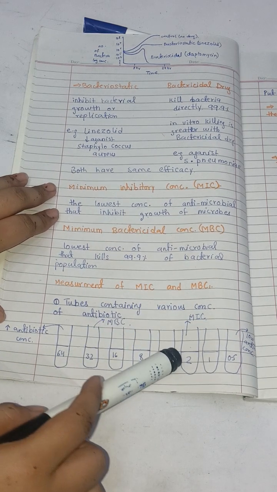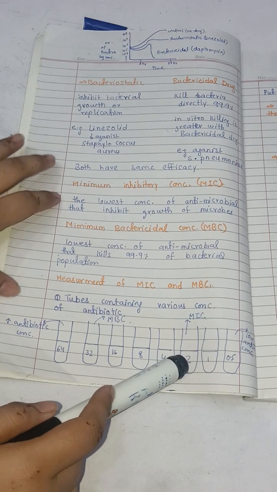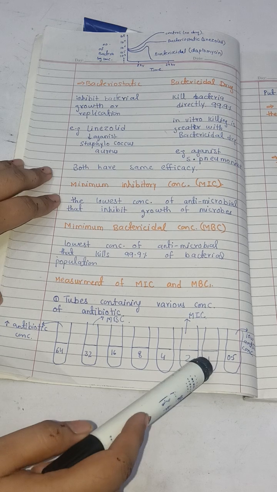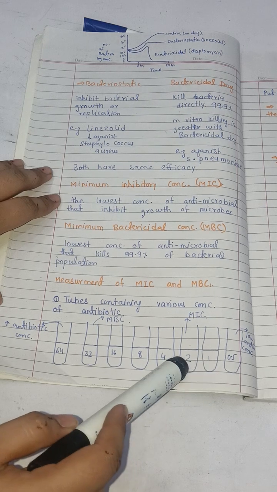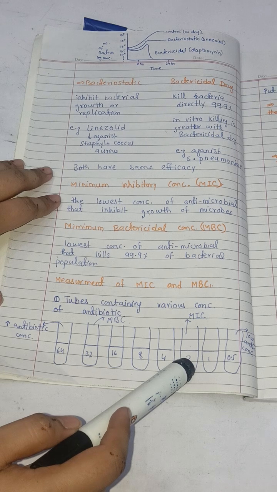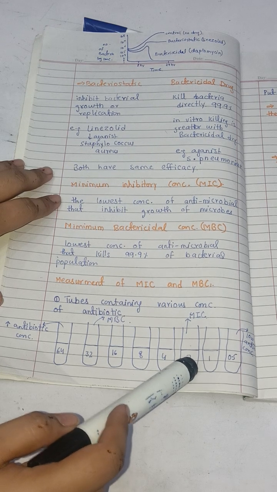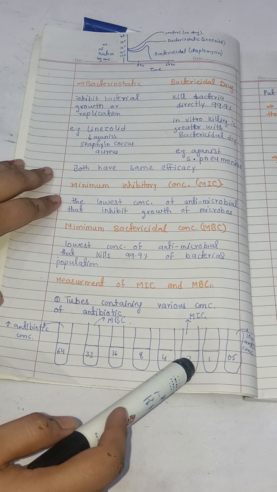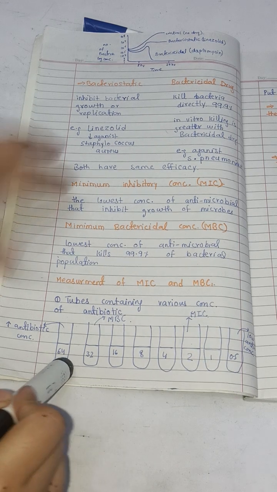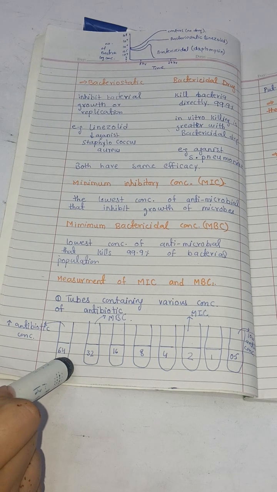So first we calculate the MIC, in which we see the minimum growth inhibition. So these two have the maximum growth of bacteria. So this is a tube in which some kind of microbes die. Then after incubation of 24 hours, we see the lowest concentration at which 99% of the bacteria die.